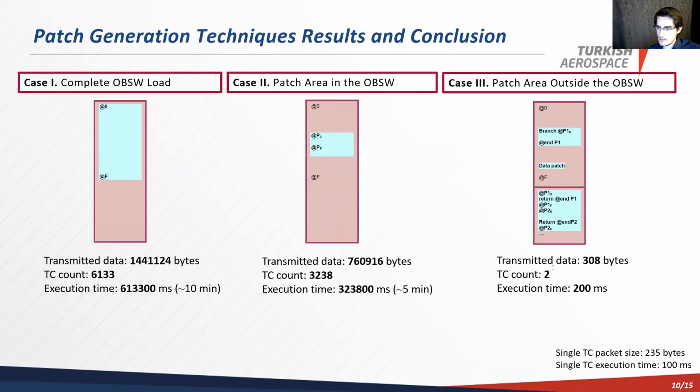And in case 3, which is the most efficient one, we would need only 2 telecommands to transmit, and executing these on the spacecraft would take only 200 milliseconds. So like I said, case 3 is the most efficient one. This is the one you will be mostly using. But there might be cases where your patch data might be too large to fit inside this patch area. And in those cases, you might consider using case 1 and doing a full system update.